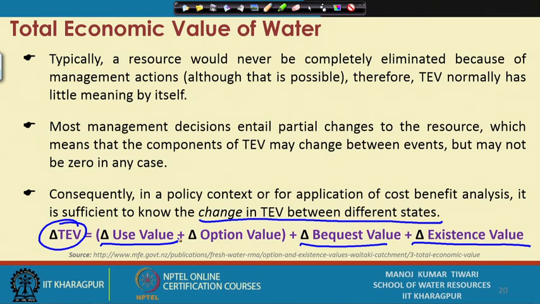So, earlier usage value, let us take the lake example again: if you have a lake and you are putting sewage discharge in that lake, the boating and all that activity which people were doing could actually go away. So, there will be a drop in the usage value.